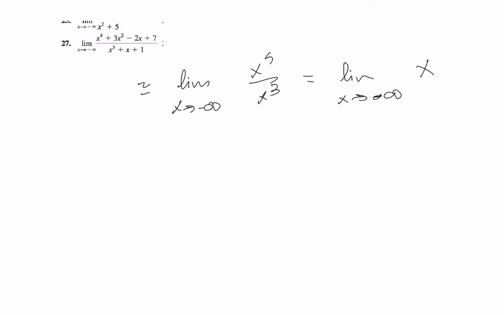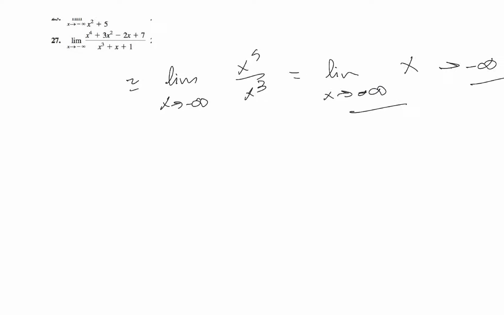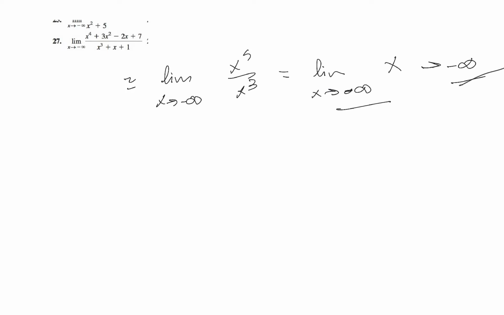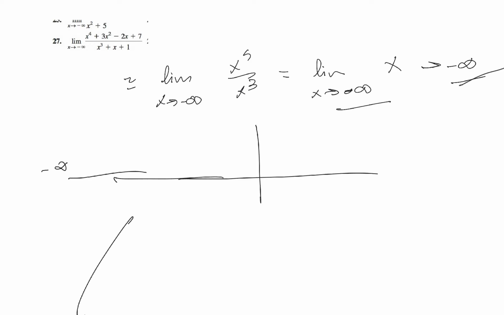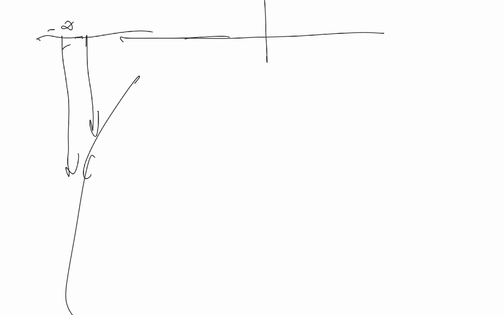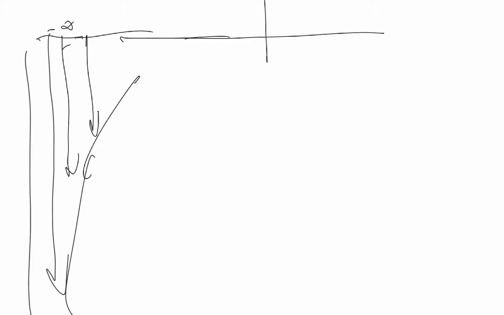So when x approaches minus infinity, this approaches minus infinity. So the limit doesn't exist and approaches minus infinity. It means that if you graph this function at minus infinity, the graph will go to minus infinity. As you move to the left, the graph will be deeper and deeper and deeper. Okay.